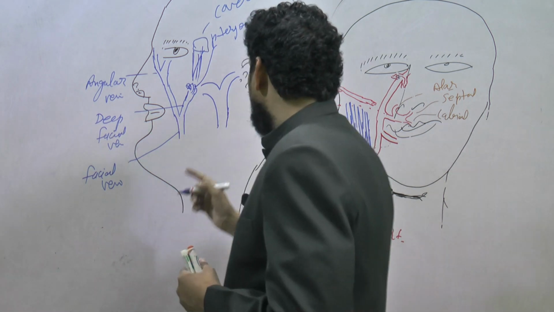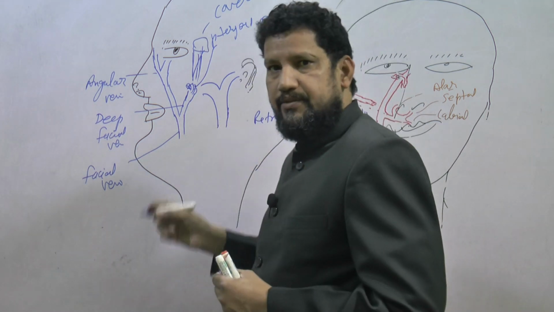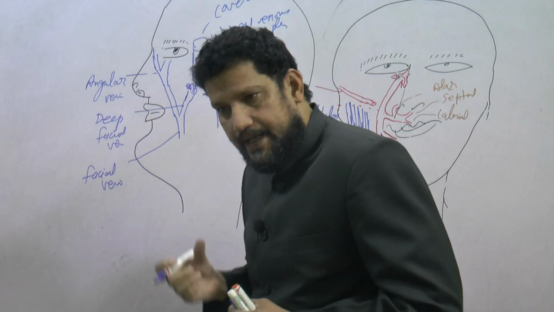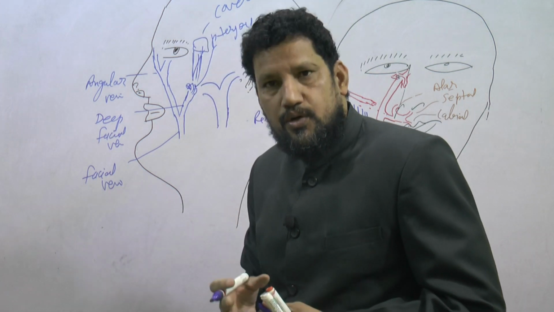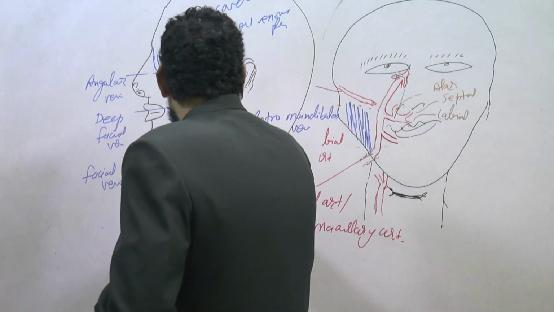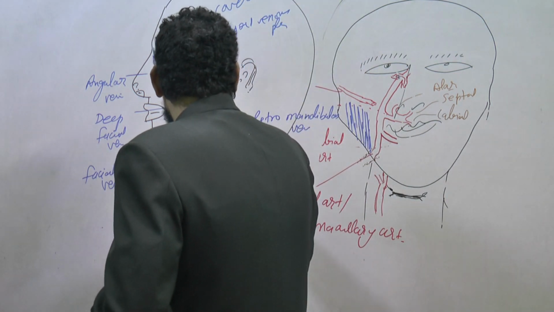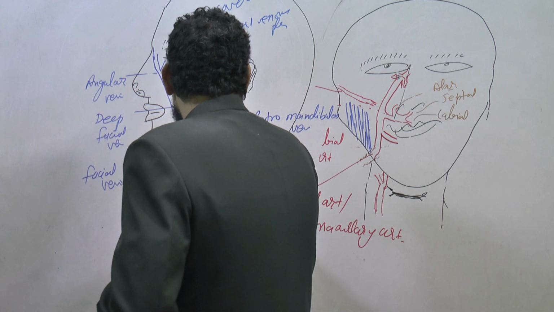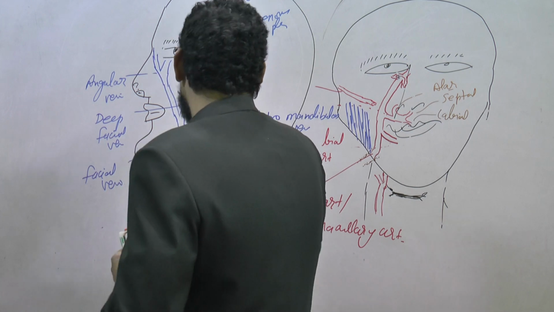After formation, the retromandibular vein again bifurcates into its anterior division and posterior division. So this is the anterior division, this is the posterior division of the retromandibular vein.